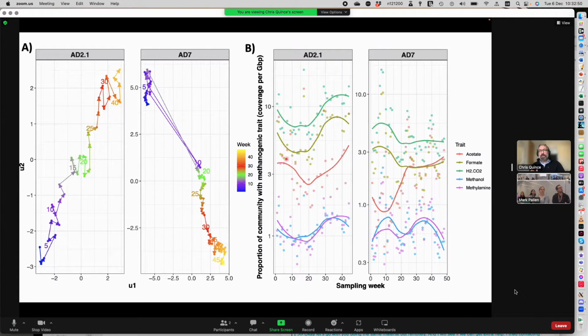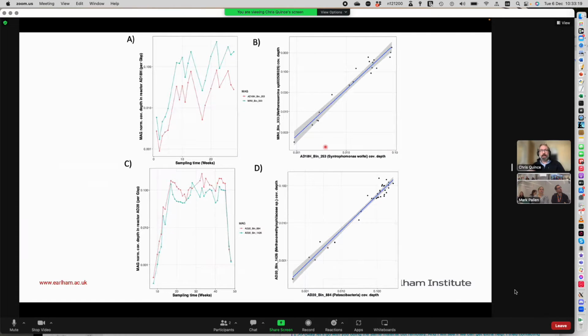So you can see that as the community shifts, there's a shift in the type of methanogenesis which is most important. So in AD7, acetoclastic methanogenesis becomes more important over time. Whereas in AD 2.1, I suppose all types of methanogenesis are going up, but in particular the autotrophic. So it gives you another way to summarise the community that perhaps has a closer connection to function.